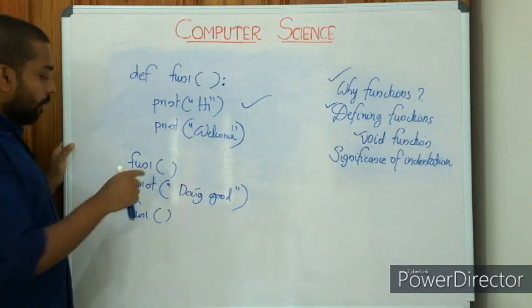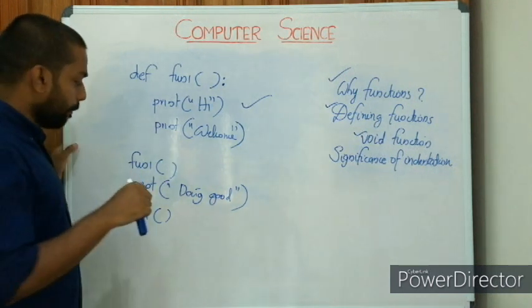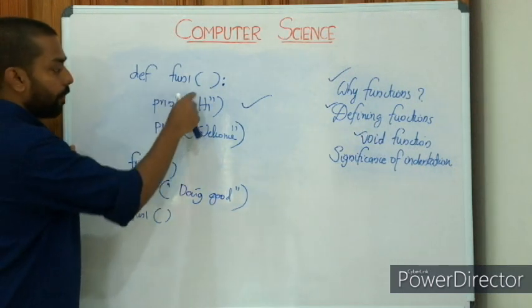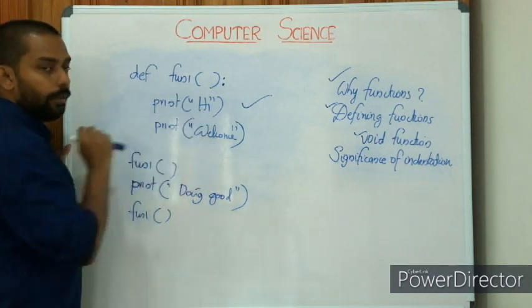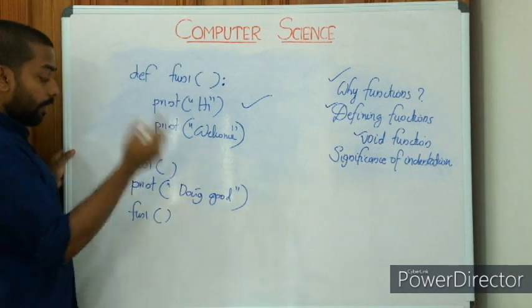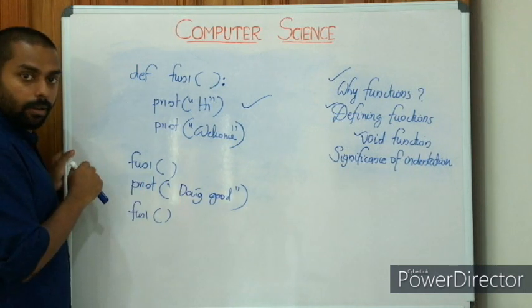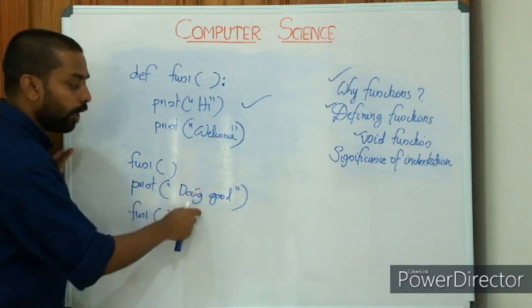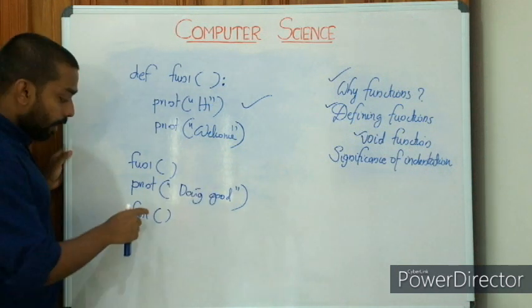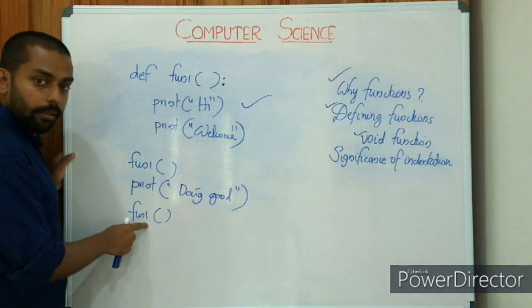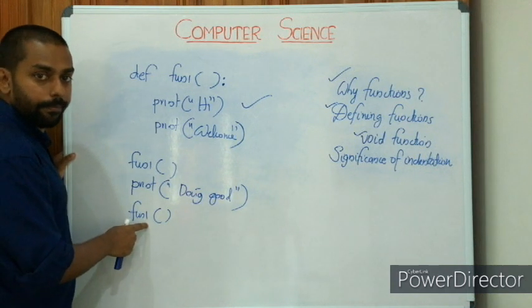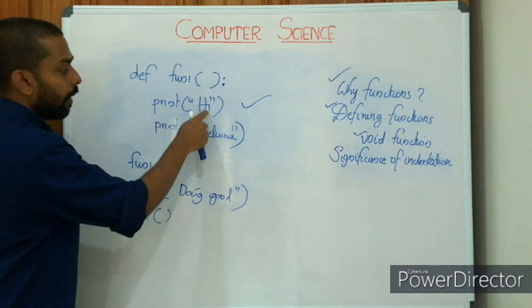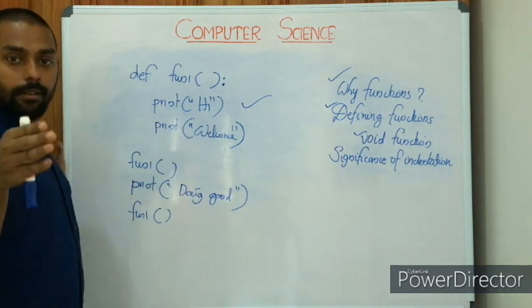Let's try. Fun1 calls a function and hi welcome will be printed. After that, control returns to the next statement, that is print doing good. So doing good will be printed. After that we are calling fun1 for the second time. It calls the function and hi welcome will be printed again.